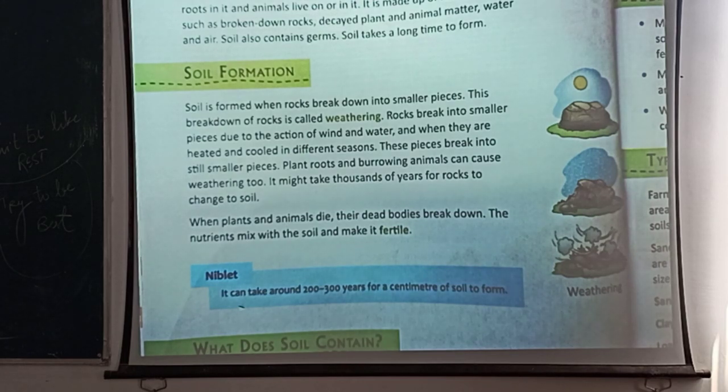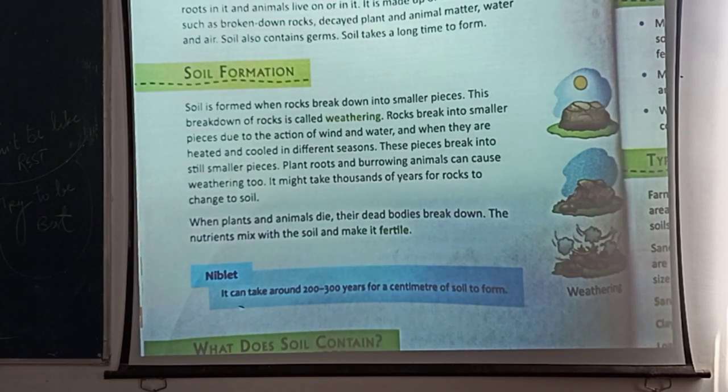It is made up of many things such as broken down rocks, decayed plants and animal matter, water and air. The broken down rocks are like the loose form of rocks. Decayed plants and animal matter include the flesh of animals, and the branches, roots or wood of different plants and trees.